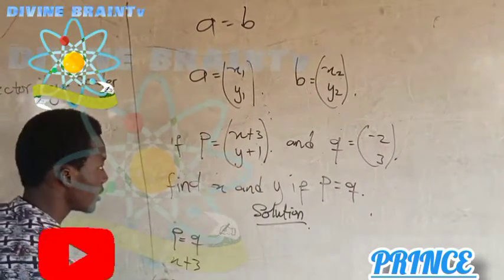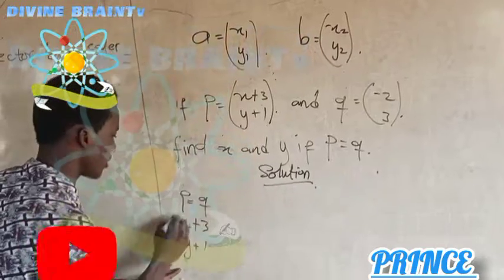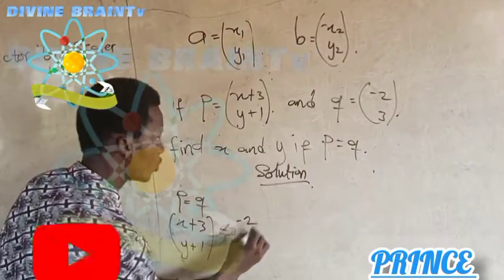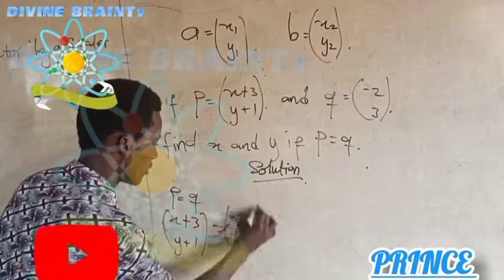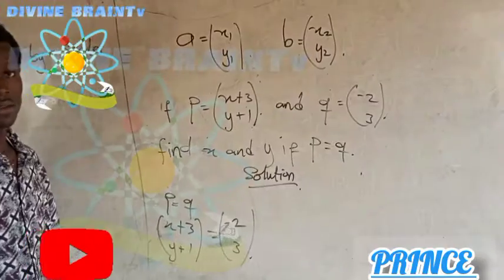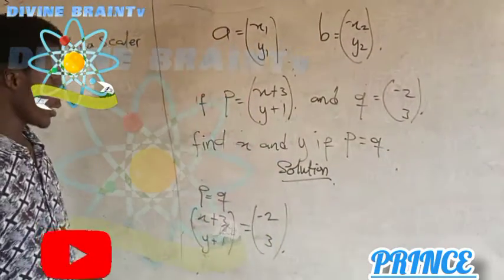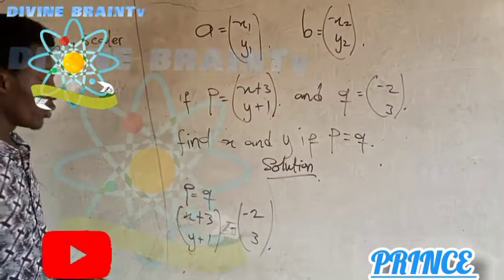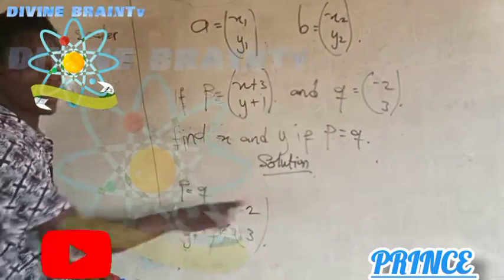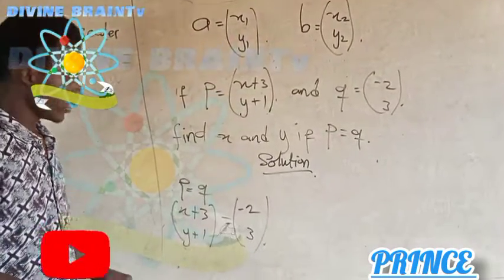So this is how it goes. (x plus 3, y plus 1) is equal to (minus 2, 3). So if P is equal to Q, then it's this. Then you just equate each of the corresponding components.